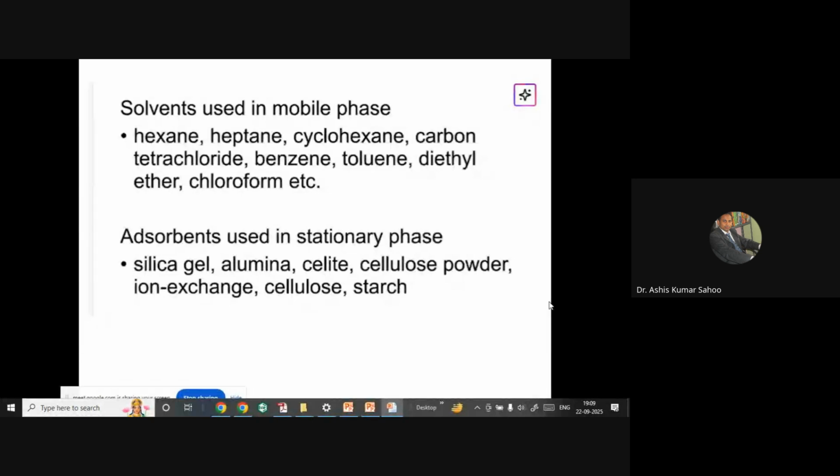These are the different organic solvents used in the mobile phase in HPLC. What are the adsorbents, meaning the stationary phase? We can use silica gel, alumina, zeolite, cellulose powder, ion exchange cellulose, starch. These are used for the stationary phase.